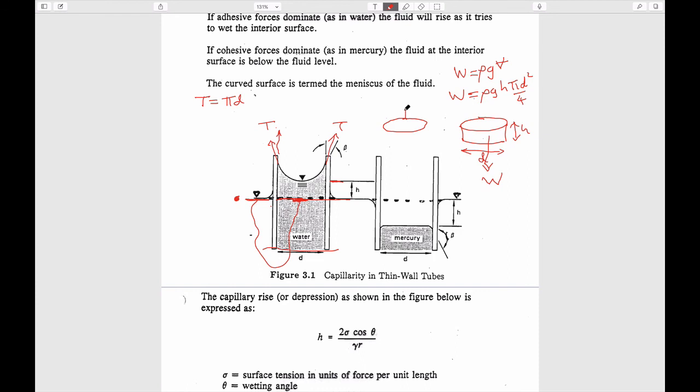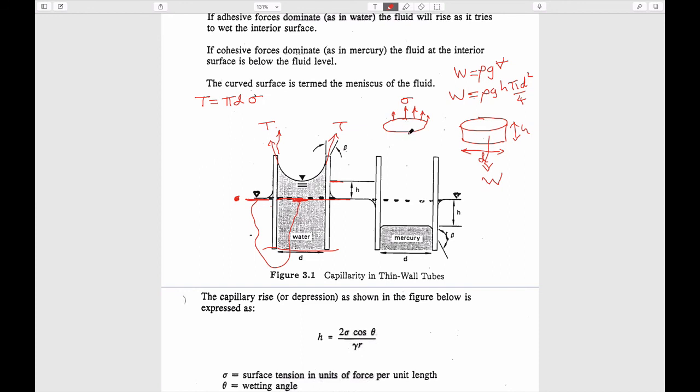If you look at the force which is pulling up, which balances this, it is the interfacial tension, sigma, this is the definition of this, times the circumference. So this will be pi d times sigma.